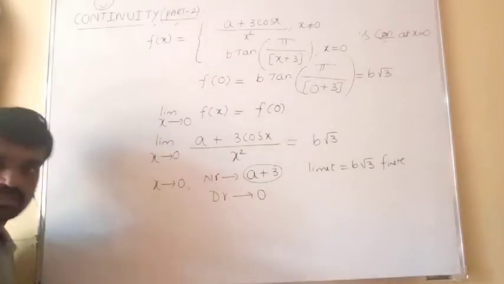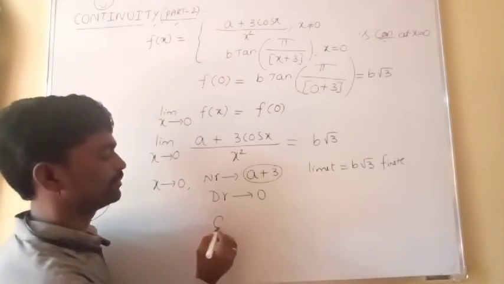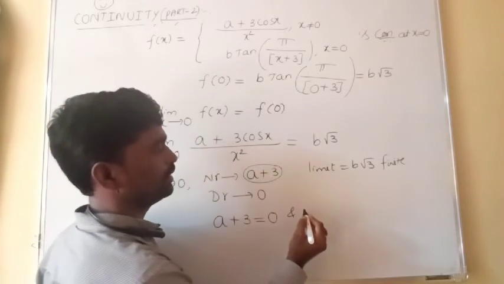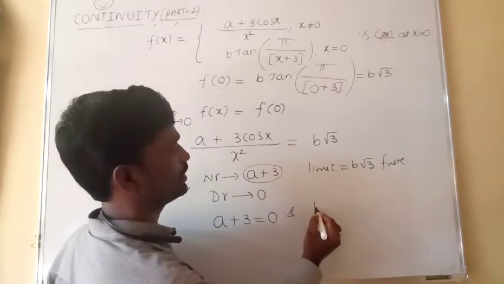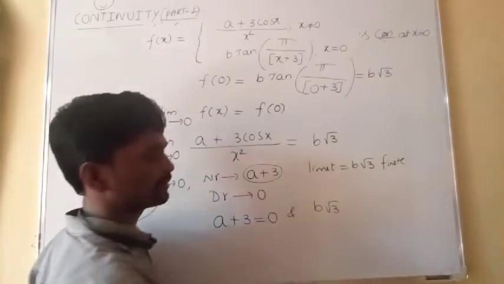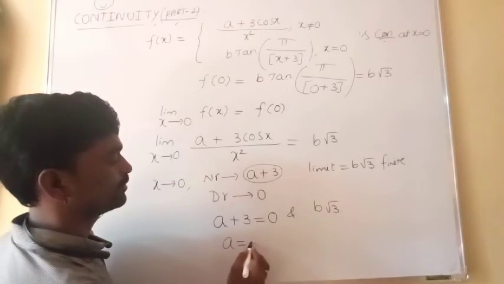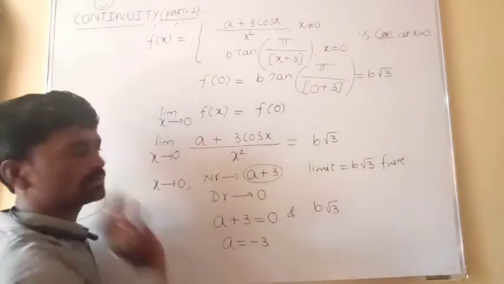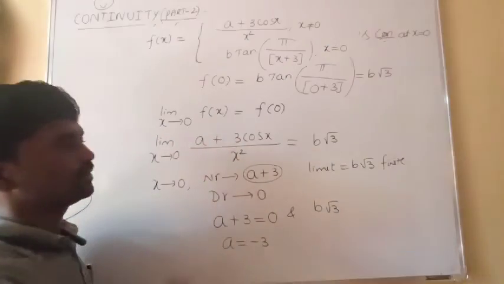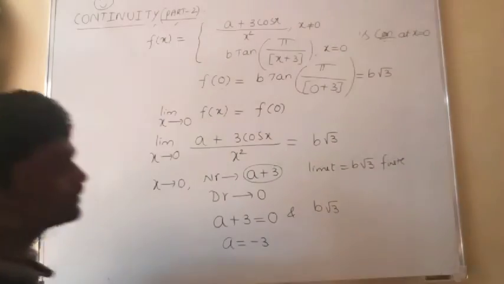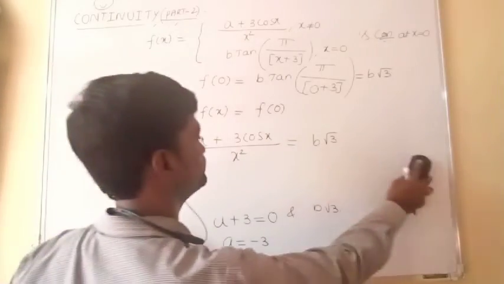A plus 3 must be equal to 0, and the limit of the function is equal to b root 3. So a value is minus 3. Substitute here and calculate again, you will get the b value. This is one method.